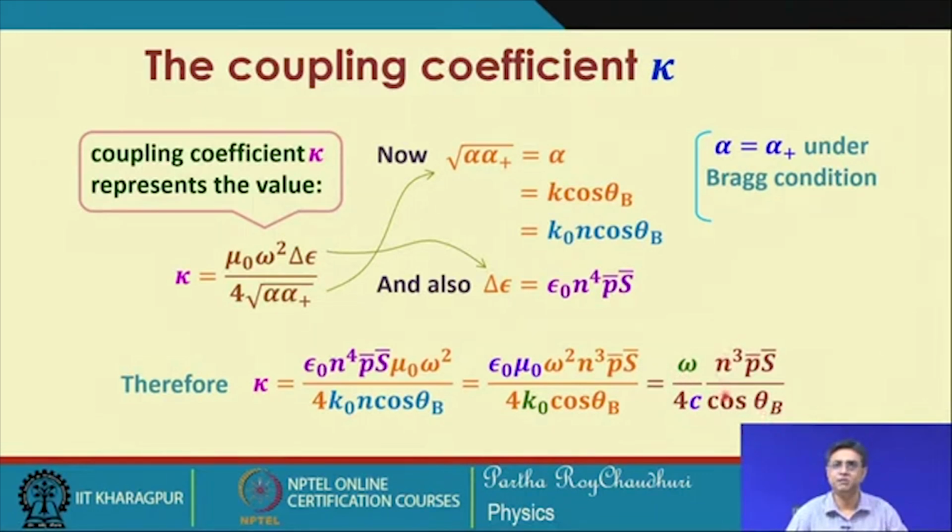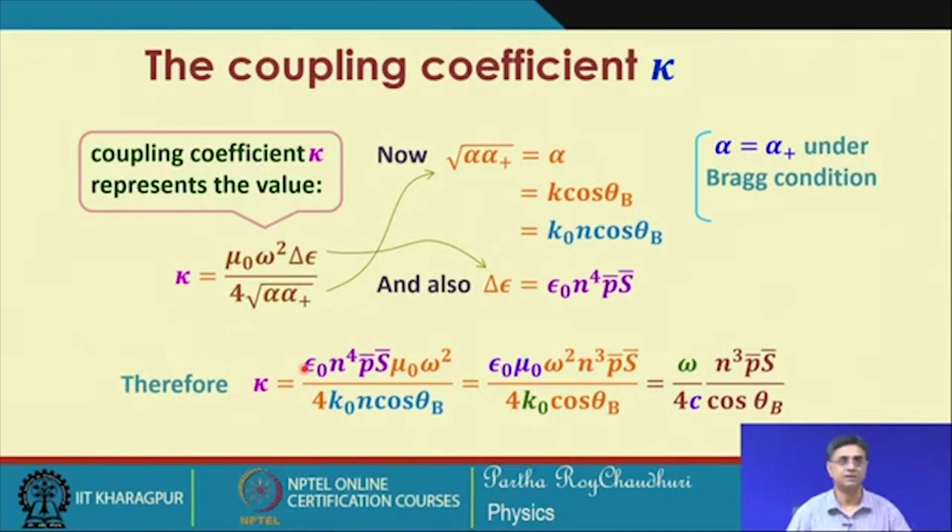So, in terms of the Bragg angle, the unperturbed refractive index of the medium, and the effective strain element and the strain optic element, one can represent the coupling coefficient for the coupling of wave from the 0th order to the first order, or from the first order to the 0th order, and vice versa.